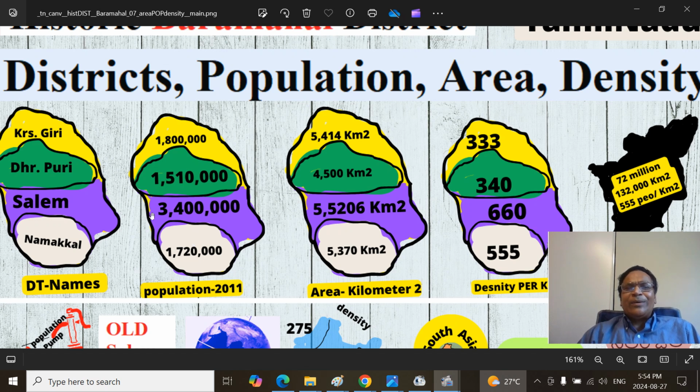Salem. Sorry, this is the surface area. Okay, so we put it. The population, you remember, was around 72 million in 2011. Now it is around 82 million in 2024. That means make it around 8 million in the old district.